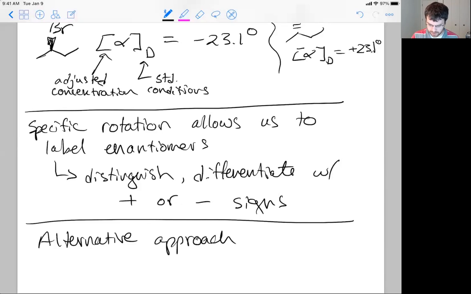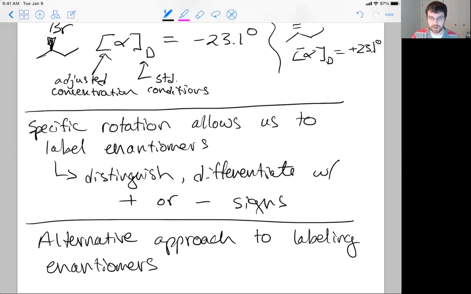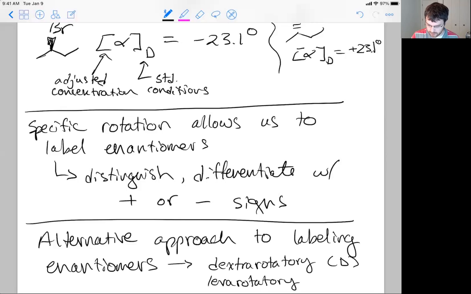So an alternative approach to labeling enantiomers is to call one by another big word, dextrorotatory, or D, and the other levorotatory, which is L. This has its roots deep in biochemistry and classic biology.